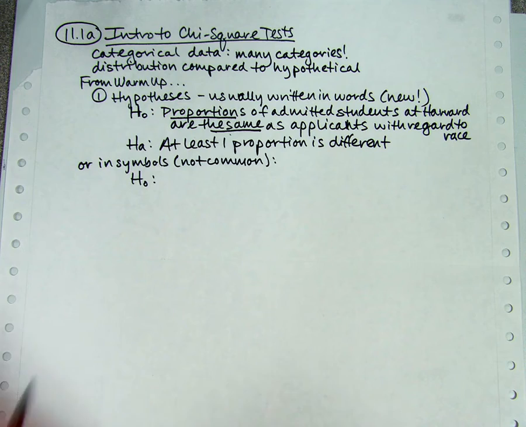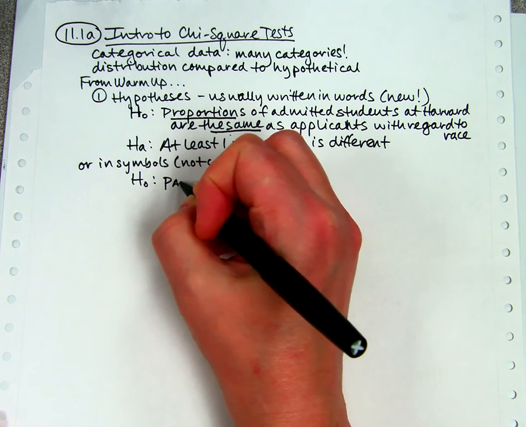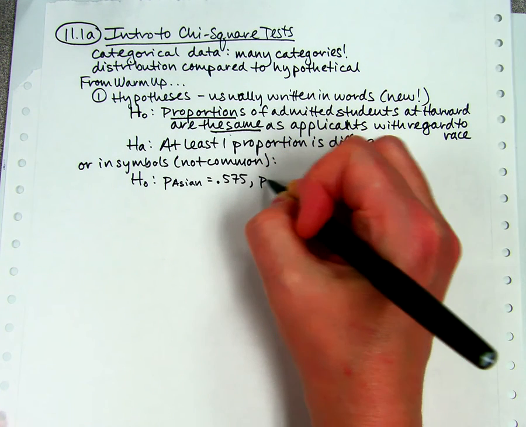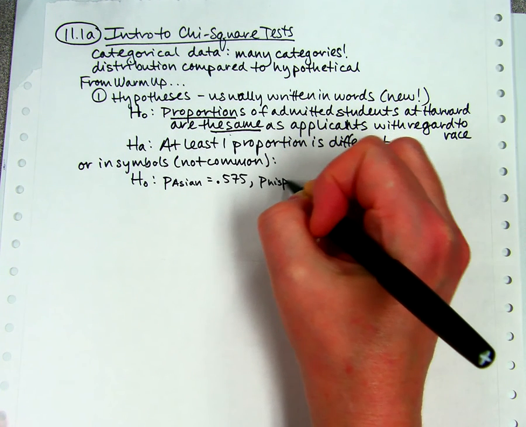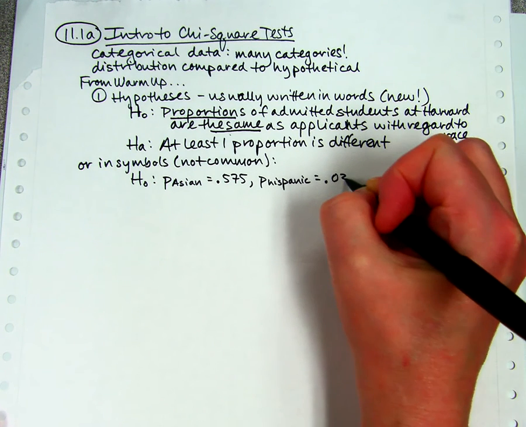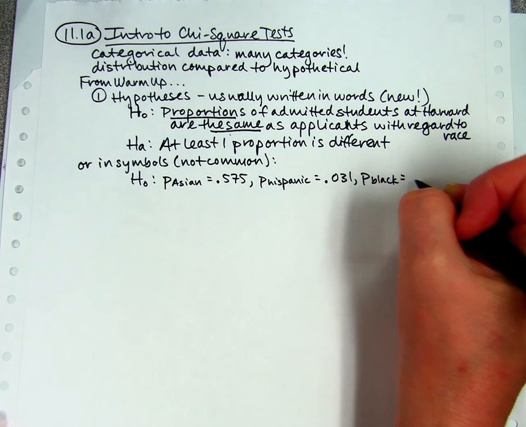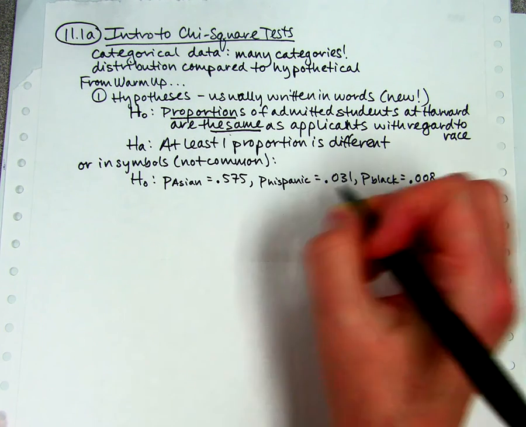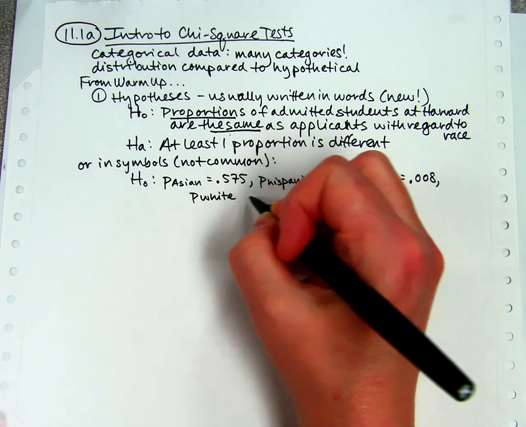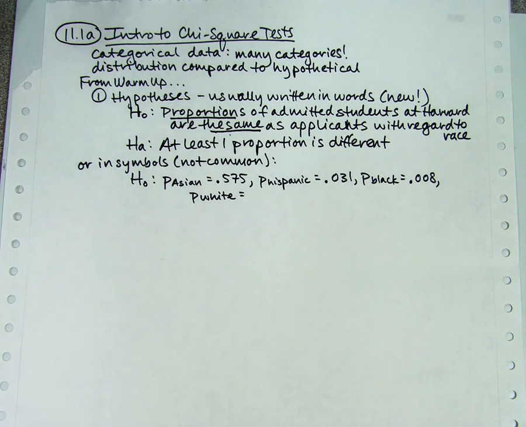So you would have to say the proportion of Asian students is 0.575, and the proportion of Hispanic students is, I think, 0.031, and the proportion of Black, this one was 0.008, I think, and the proportion of White, and it kind of gets tedious after a while. What if you have more than 4 categories? That would be terrible. It's whatever's left, but I have to remember what that was.